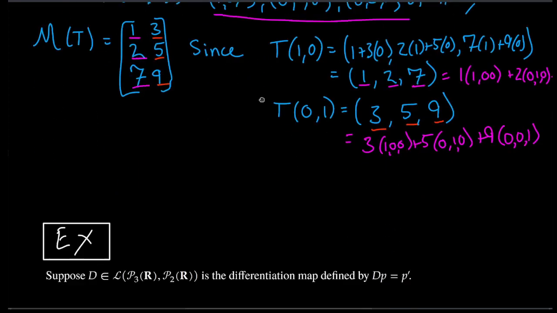All right, cool. Let's do another example. So let's take D to be the differentiation map that sends a polynomial of degree at most 3 to a polynomial of degree at most 2 by just differentiating it.